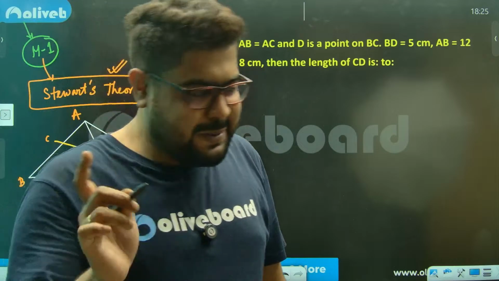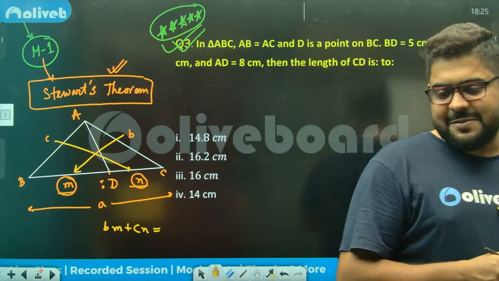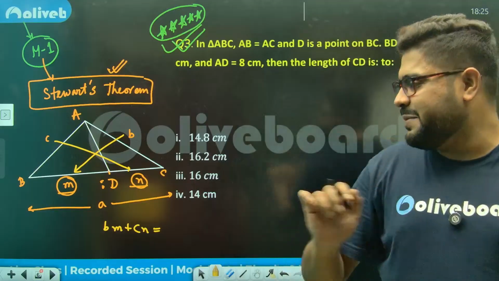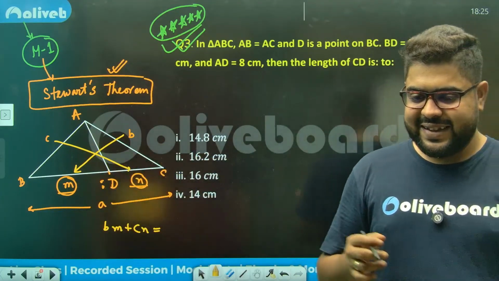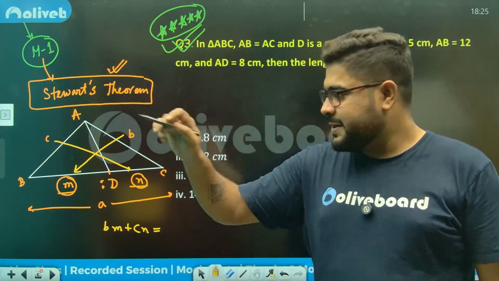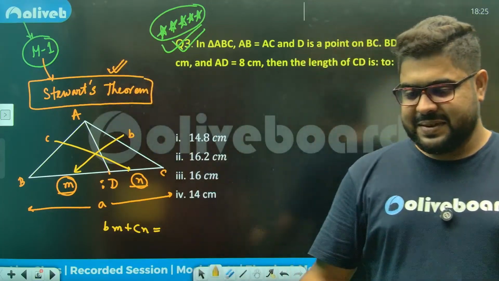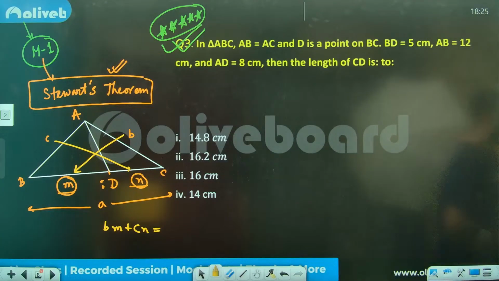Dave has given me the name Stewart's theorem. Dave, can you tell me, before I write it down, the statement as well? Not for equilateral or isosceles, by taking B and C. Just tell me, what will be the statement for Stewart's theorem?